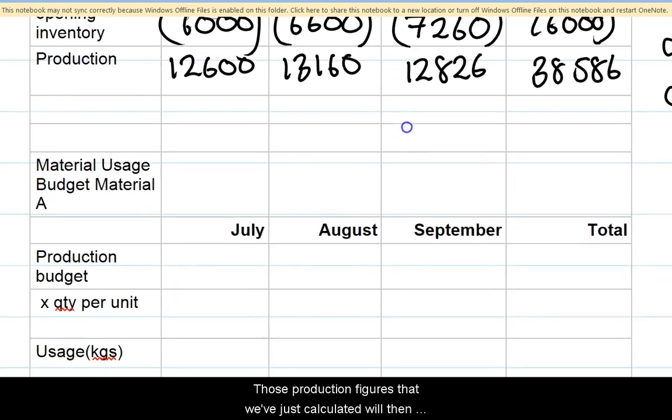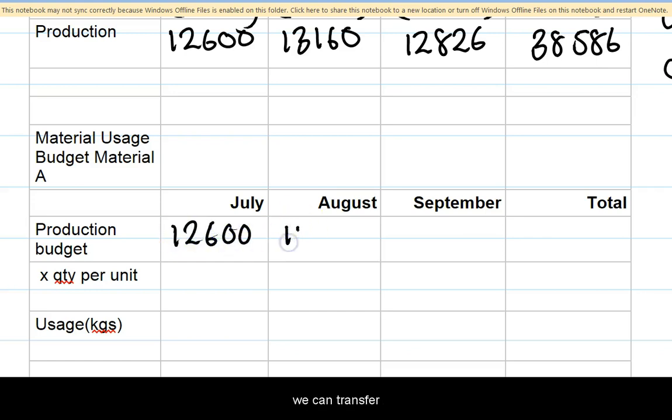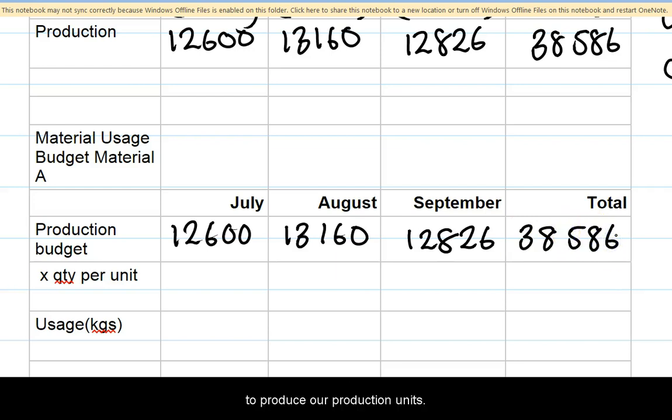Those production figures that we've just calculated will then be used to calculate how much material usage we need, and we'll start with material A. So our production budget we can transfer into the calculations for how much material A we will need to produce our production units. In the question we're told that there's 2 kilograms quantity per unit.